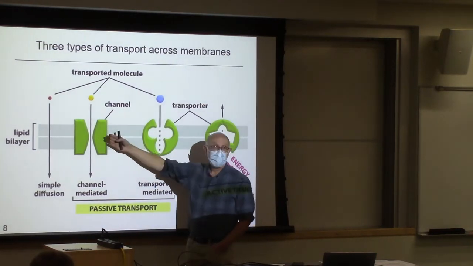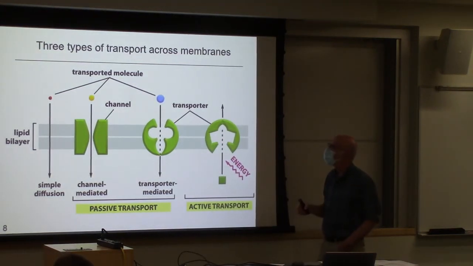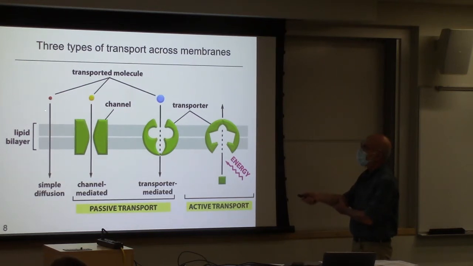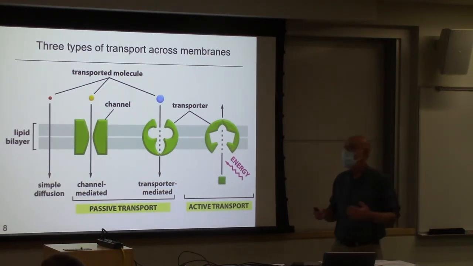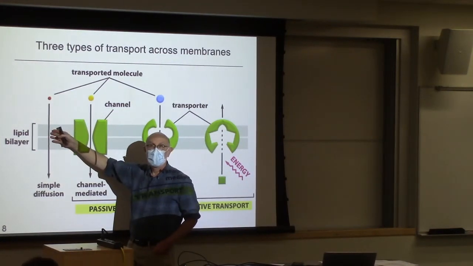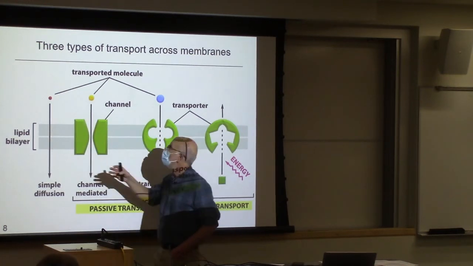And membrane proteins are embedded in this lipid bilayer. Some of the molecules or ions that we are interested in this course are actually amphipathic enough that they simply diffuse both through water and through the hydrophobic core of a bilayer. Some of them do that, and we'll talk about that in the next slide.